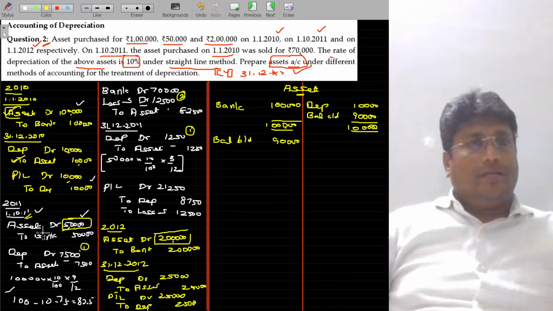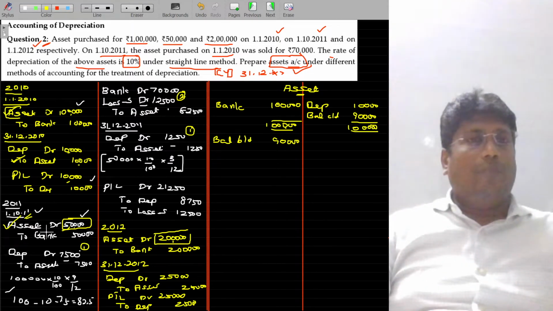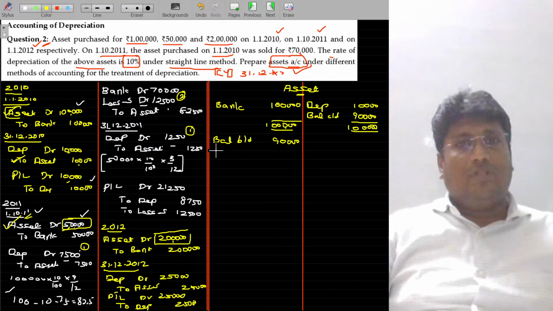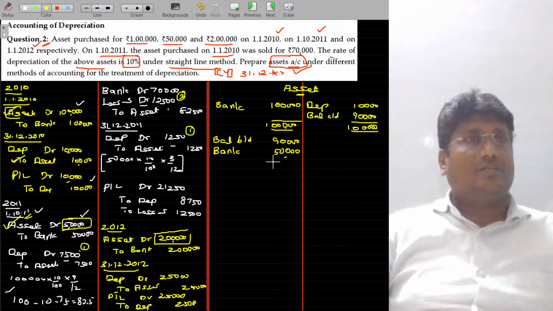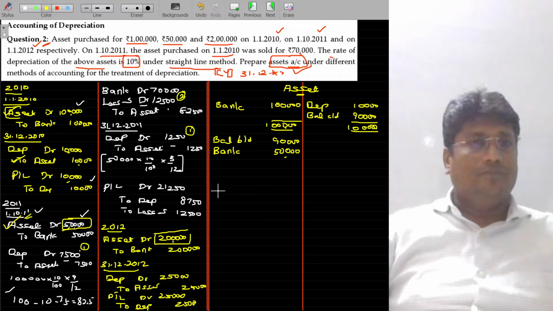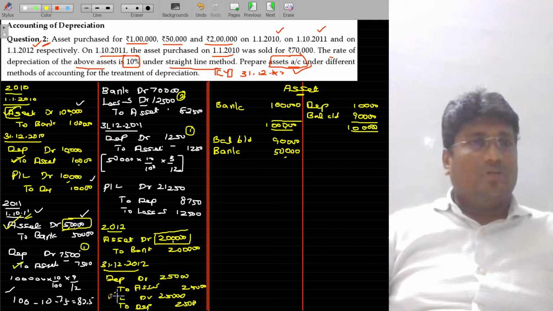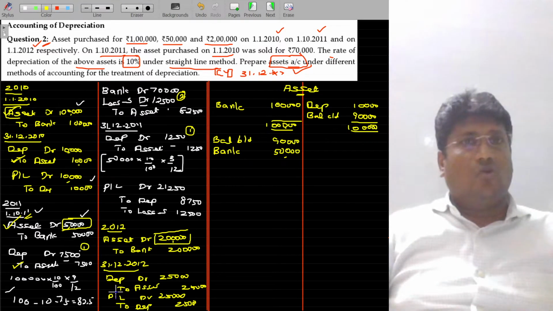We'll go for the next year. In the next year, asset account debit to bank. So I'll simply put that value on the debit side. One more asset purchased, value being 50,000. On the same date, one of the oldest assets, purchased in 2010, is sold. Before the sale, we have to provide the depreciation of the asset sold up to the date of sale.